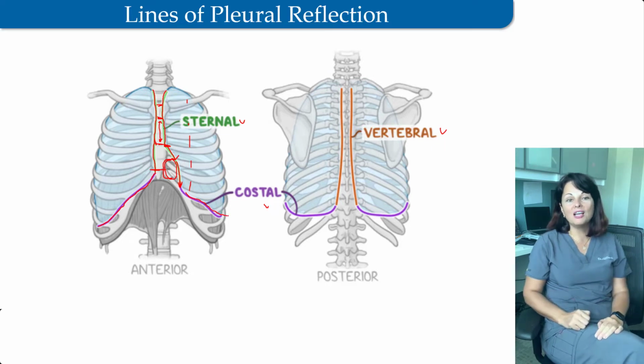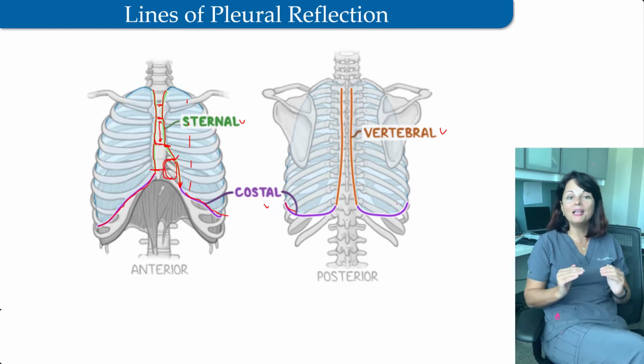Otherwise, the right and left costal lines are symmetrical, passing obliquely across the 8th rib in the midclavicular line and the 10th rib in the mid-axillary line, and becoming continuous posteriorly with the vertebral lines.